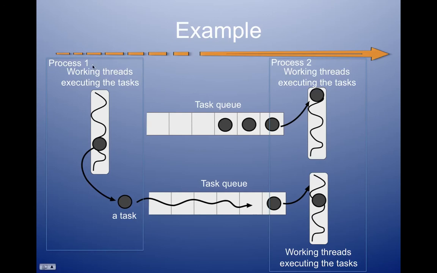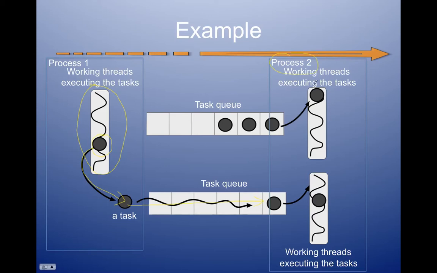Here I have a process with one thread, and this thread is executing one task. This task itself is generating a new task to be performed. This task is put in a task queue while waiting to be executed by process 2.